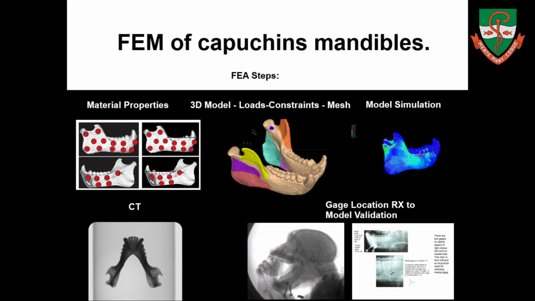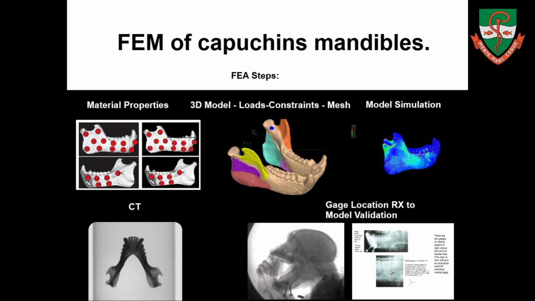So now we create the 3D model, insert the loads and constraints, and create the mesh. To load the model, we received all the data from Andrea Taylor about the muscles of the capuchins and physiological cross-sectional area, and the EMG data came from Pepe, right? Pepe, Carlo, and Andre, right?